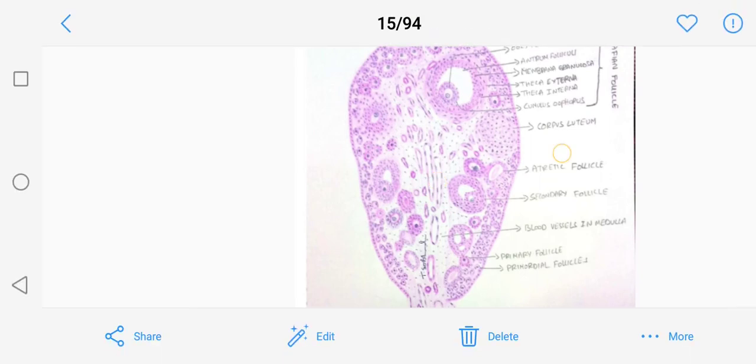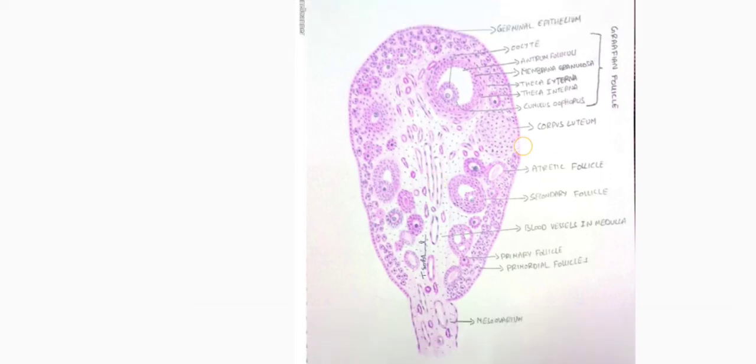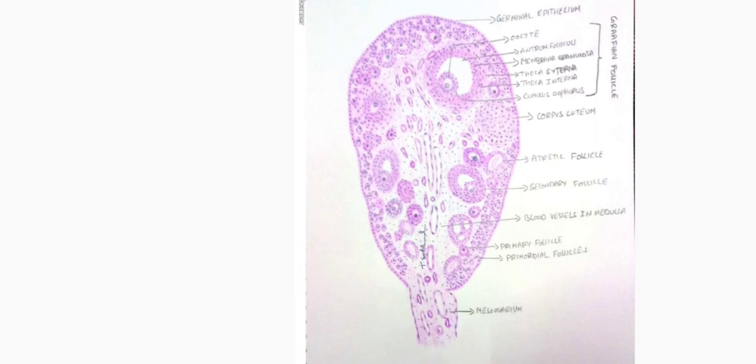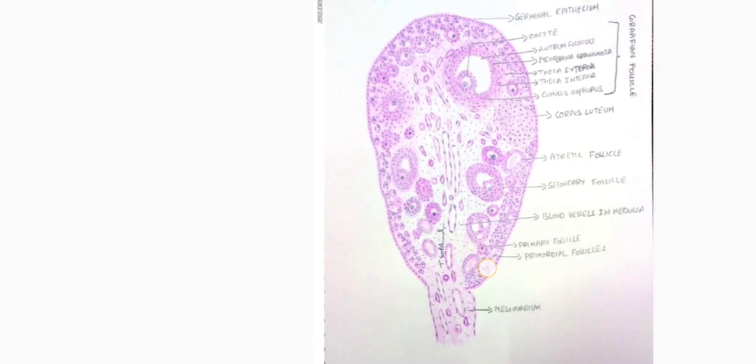This is the cortex, and this is the medulla, and this medulla contains the blood vessels. This is the primary follicle. These are primordial follicles.